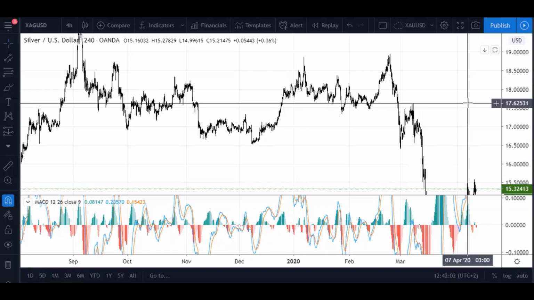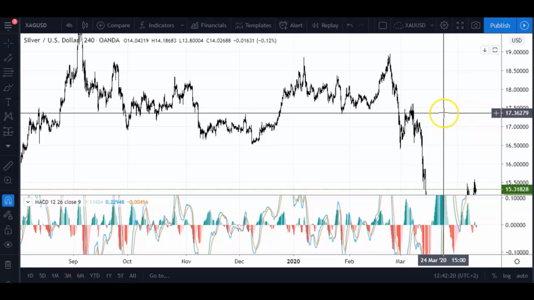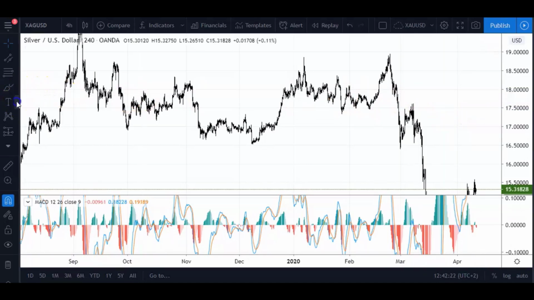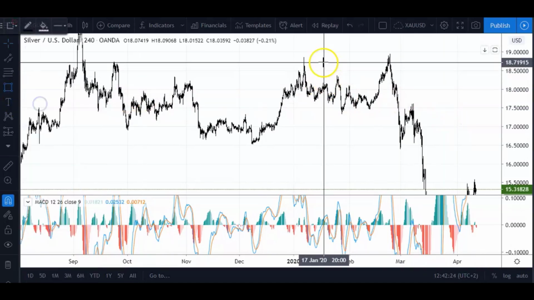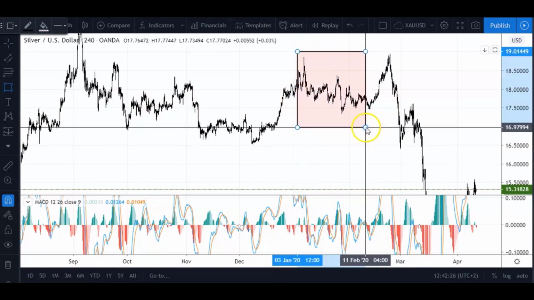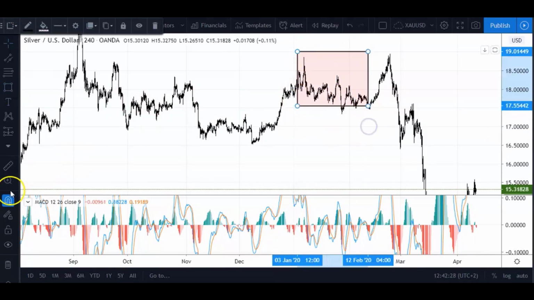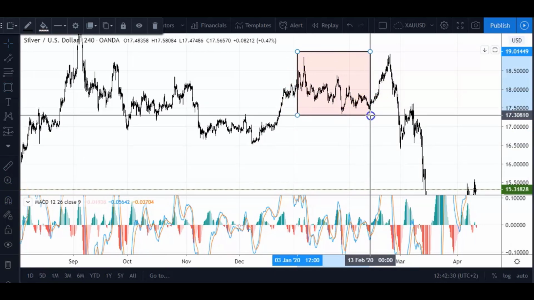Just keep in mind that expanding triangles, like symmetrical triangles that I explained in previous videos, tend to be terminal in nature, meaning that they can quite often appear at the end of a correction or at the end of a longer term trend, depending on which time frame you're following. But either way, I would like to set our sights on this formation, or whatever happened in silver here, according to one of our members.